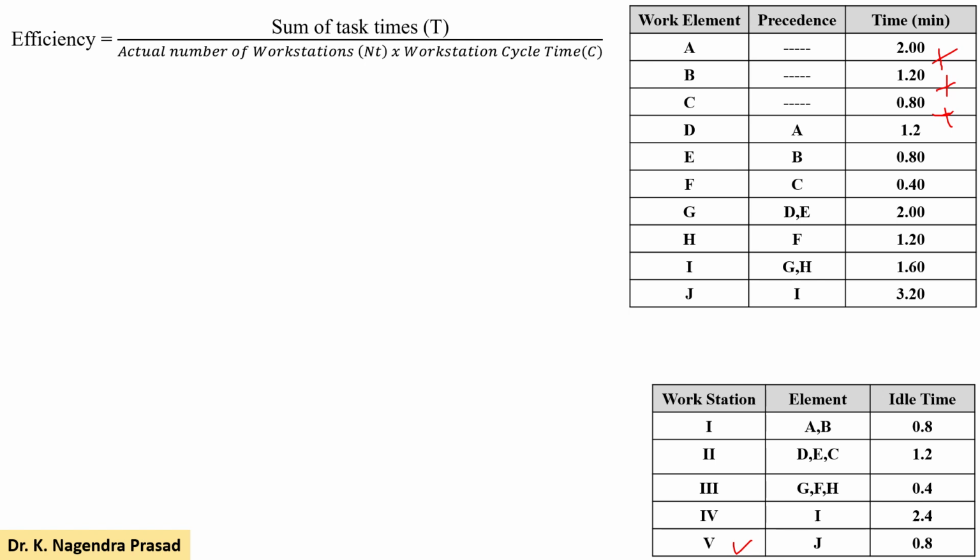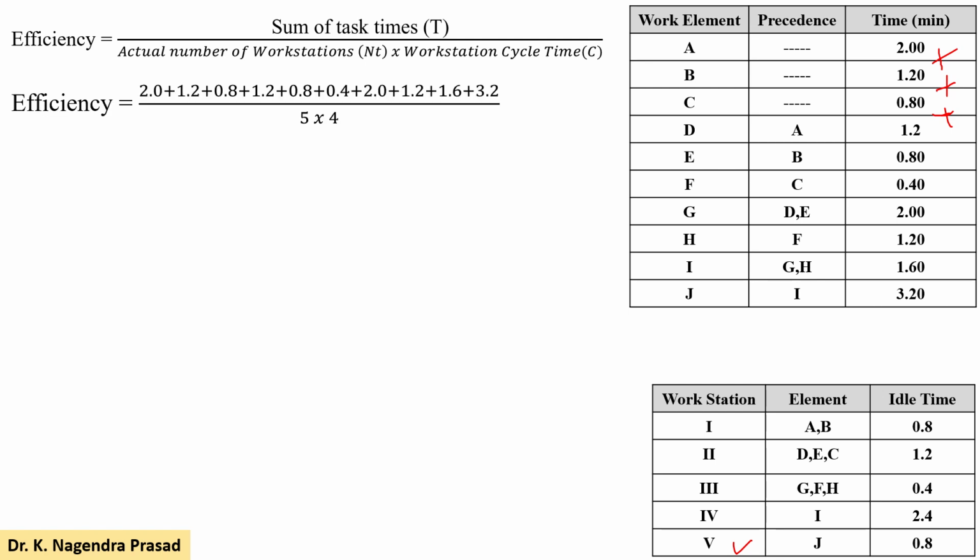Then we have to substitute all values in the efficiency. Then efficiency equals 2 plus 1.2 plus 0.8 plus 1.2 plus 0.8 plus 0.4 plus 2 plus 1.2 plus 1.6 plus 3.2 divided by 5 into 4. This value is 0.72, which is the 72%.